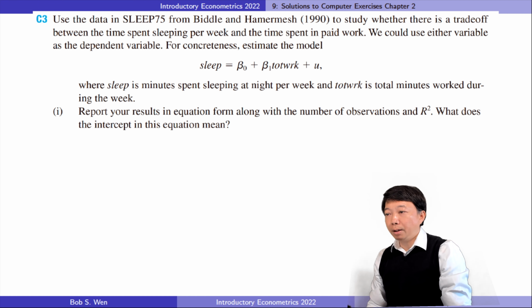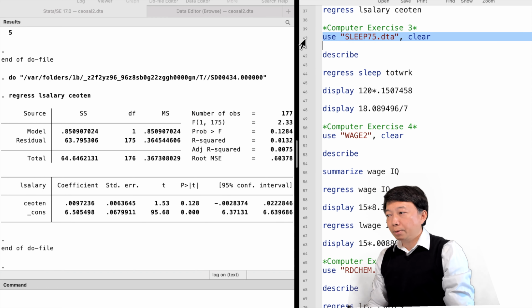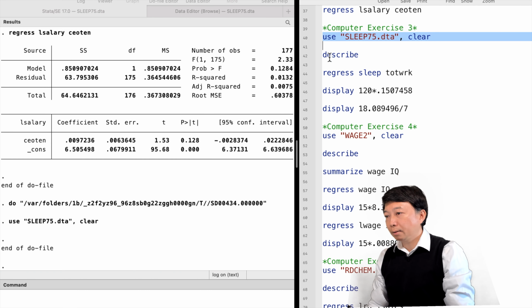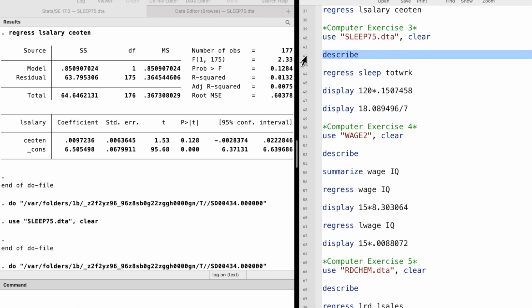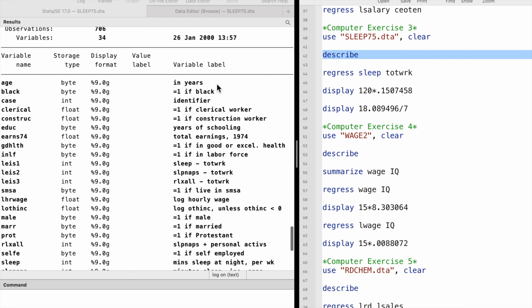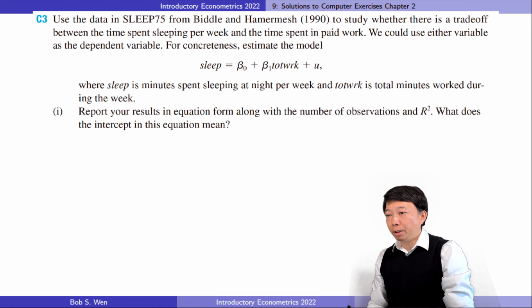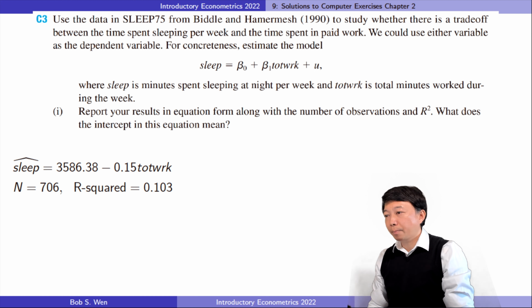Let's do the third computer exercise. For the first question, we regress sleep on total work. The estimated equation is as follows.